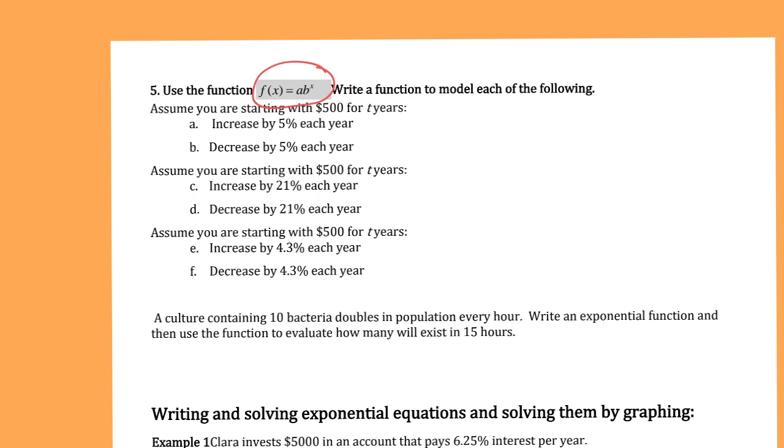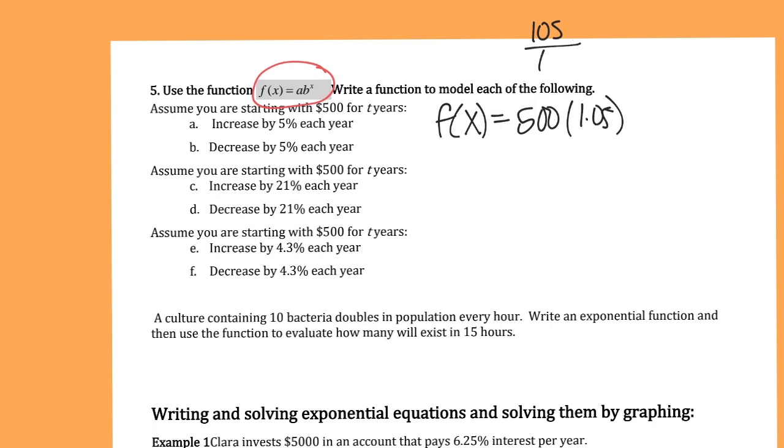And so let's practice writing this. Okay, so let's write a function. So you could do f of x or y, depending if you want to write an equation or function. So f of x is equal to 500. So you start with 500. You're growing by 5%. So that's 105%. Okay, divide by 100 and you get 1.05.